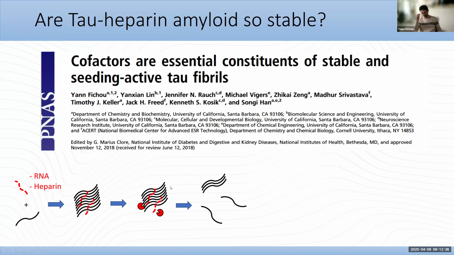All the TEM I showed you before was with these methods. It diffracts perfectly at 4.7, so it's a canonical amyloid as far as we could tell.